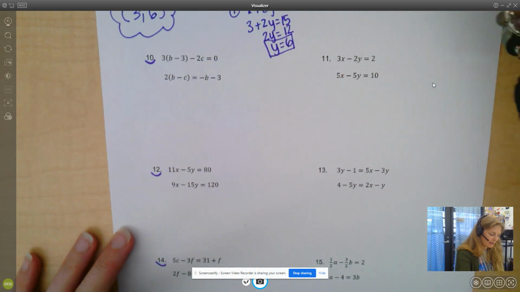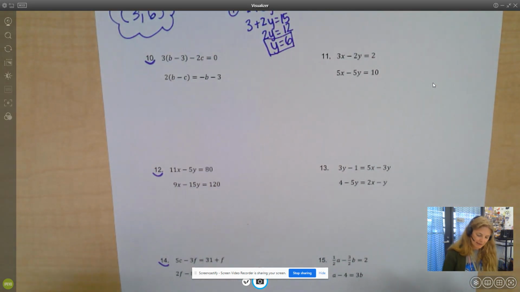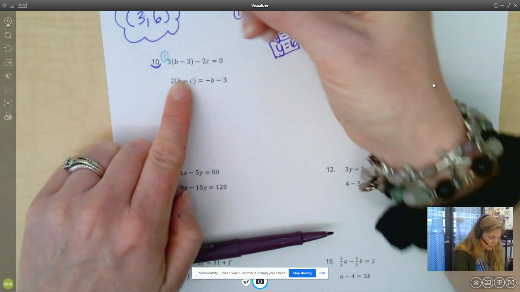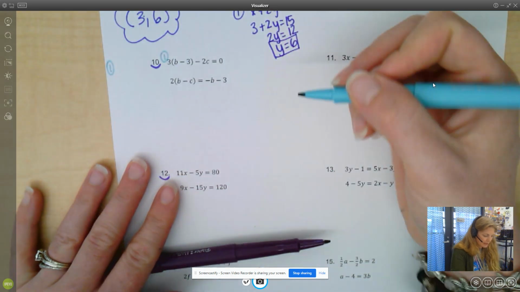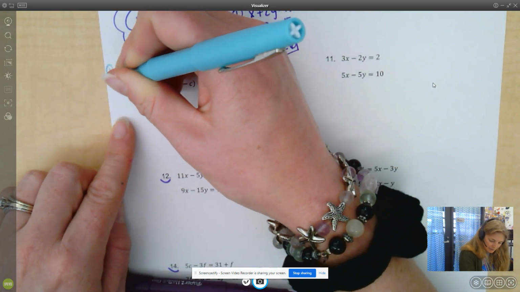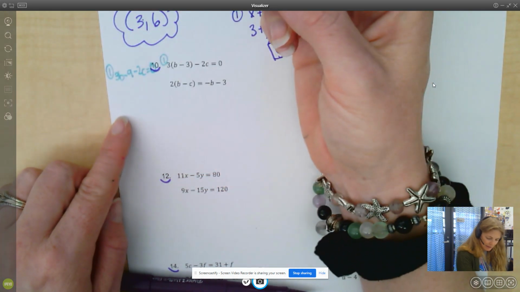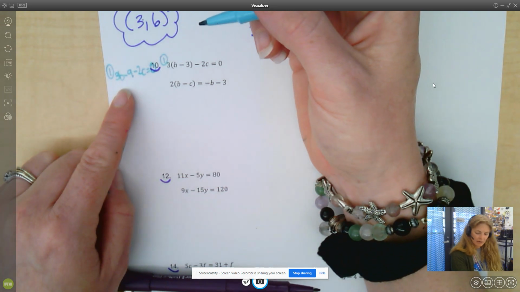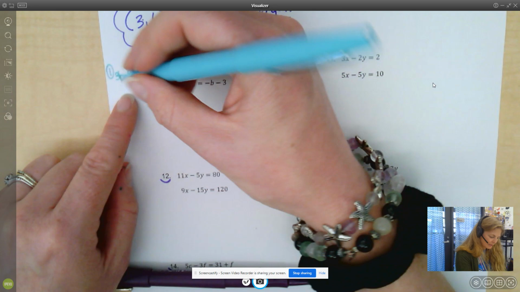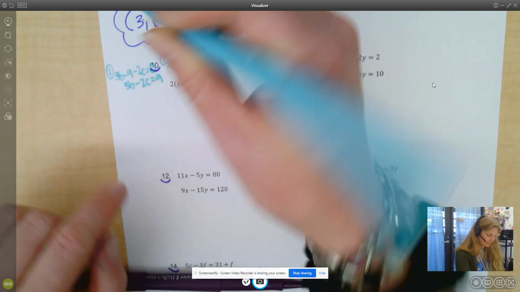Okay, taking a look at number 10, first thing I need to do is simplify these and line up our like terms. So taking a look at equation 1, show some work over here. I'm going to distribute that 3, and I'll get 3b minus 9 minus 2c is equal to 0. From here, I'm going to put my b's and then my c's. So I'm going to add 9 to both sides, and I'll get 3b minus 2c is equal to 9.